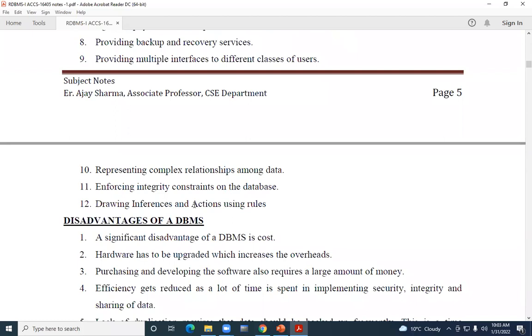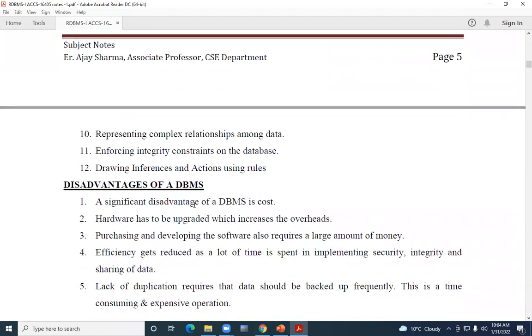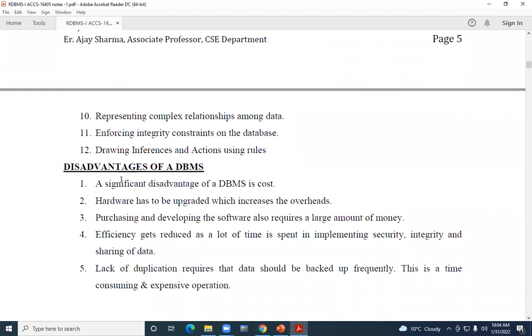Now, we can have disadvantages of a database management system also. The biggest disadvantage is cost. Whenever you are trying to implement a database management system, you need to pick up a lot of hardware items, software, users, the DBA, all of which incur a lot of cost.